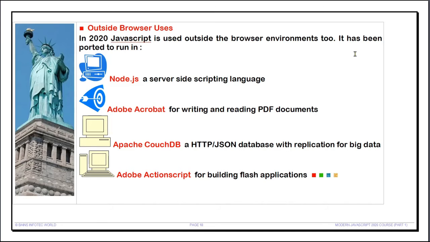Now, JavaScript normally runs in the browser, which means it runs on the client side, which is the browser. The client is the browser that the user uses to load web pages and surf the internet.